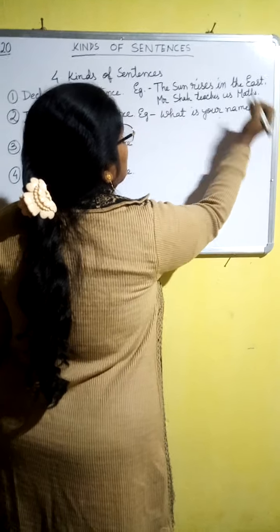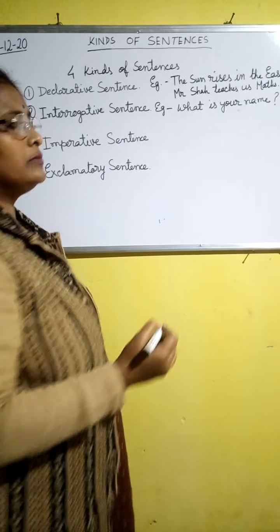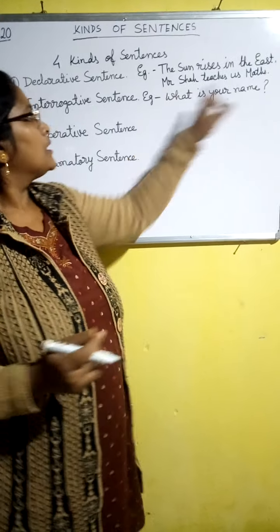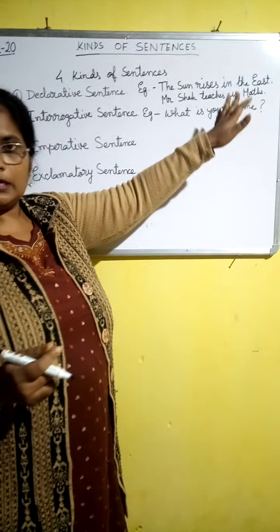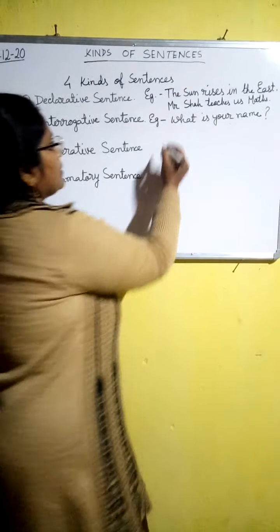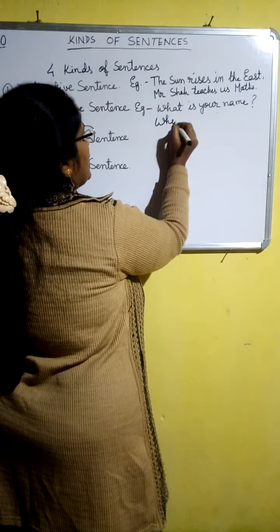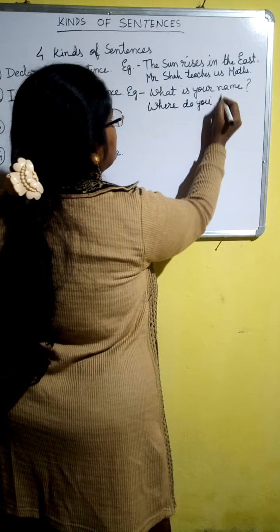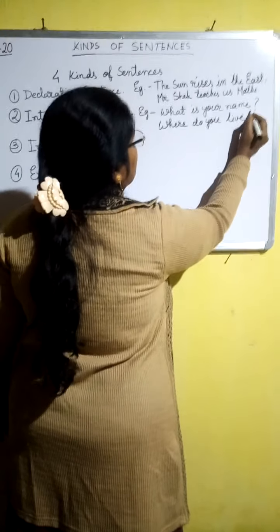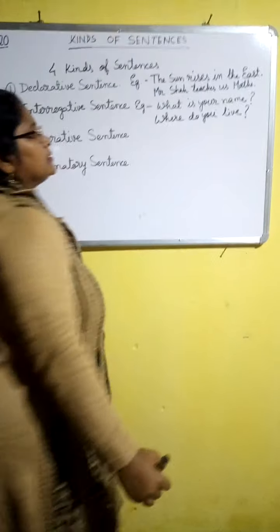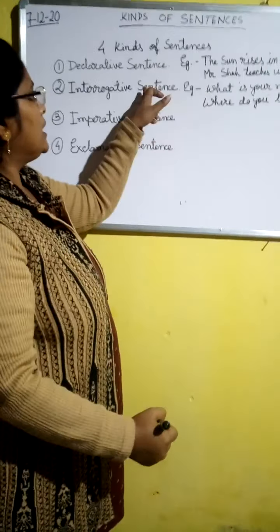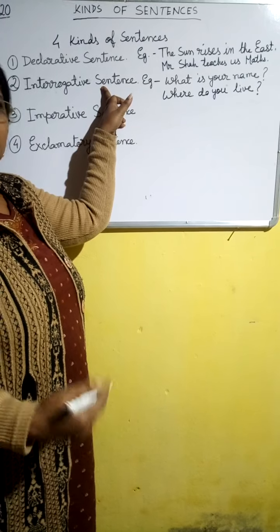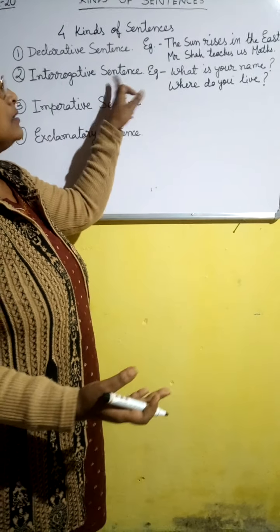And interrogative sentences always end with a question mark. What is your name? It's a question. Where do you live? Question mark. These are interrogative sentences which ask someone something.